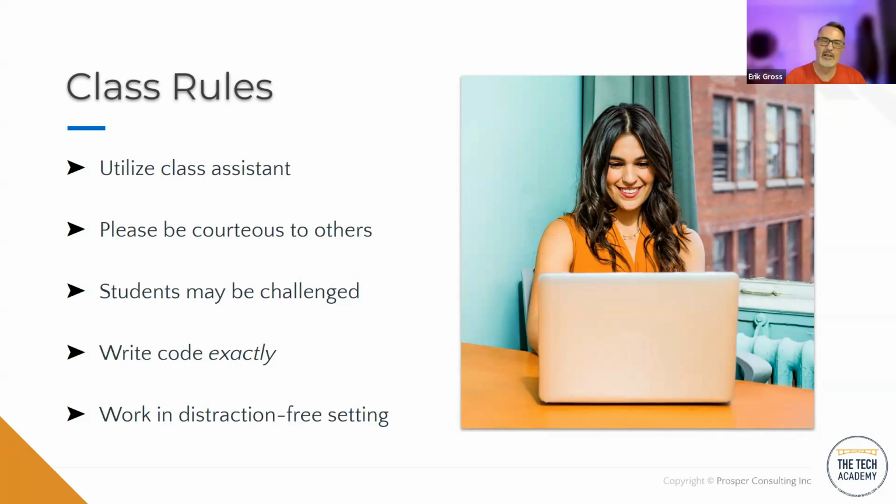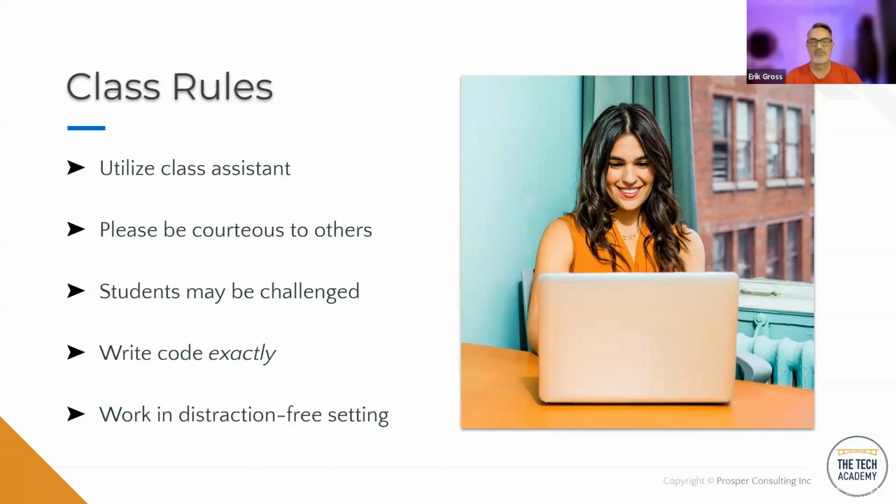One thing to stress is that you should be sure to type the code that we write. In a little while, we'll be writing code. You should be sure to type it exactly as it's written. The reason is that a misspelled word, a missing symbol, or even something capitalized that shouldn't be capitalized can result in errors in your code. Another thing I want to cover is the distraction-free environment.